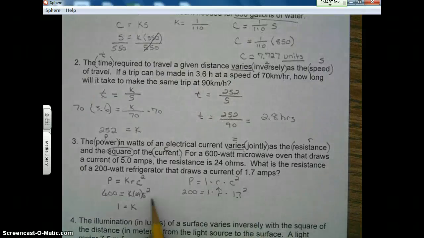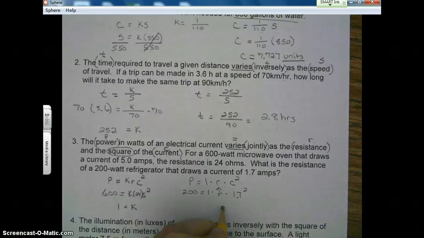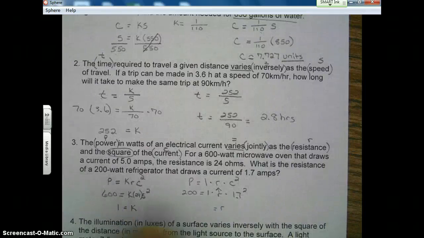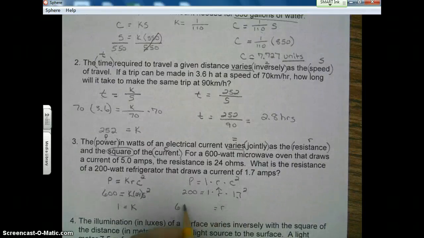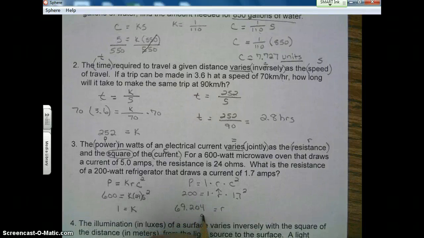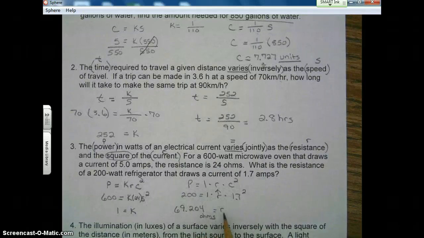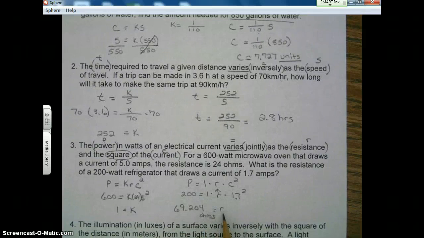Okay, plug the numbers in and solve for R. We have a resistance of 69.204 ohms. Resistance is in ohms.